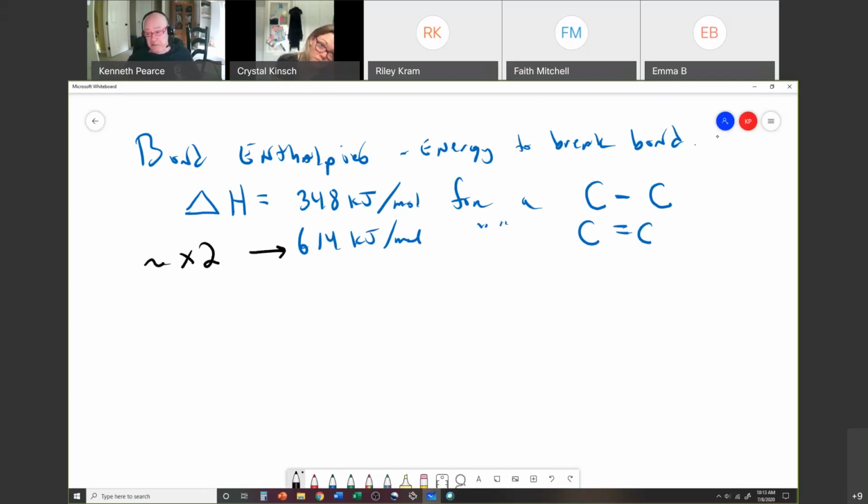And it is. 600 and some change is almost twice as much as 300 and some change. And if you go with a triple bond, you get 839 kilojoules per mole for a triple bond.